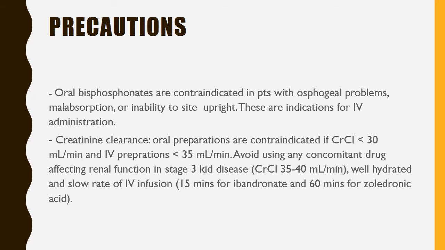Creatinine clearance: oral preparations are contraindicated if creatinine clearance is less than 30 ml per minute and intravenous preparations less than 35 ml per minute. Avoid using any concomitant drug affecting renal function in stage 3 kidney disease with creatinine clearance 35 to 40 ml per minute. Keep the patient well hydrated and use a slow rate of intravenous infusion: 15 minutes for ibandronate and 60 minutes for zoledronic acid.